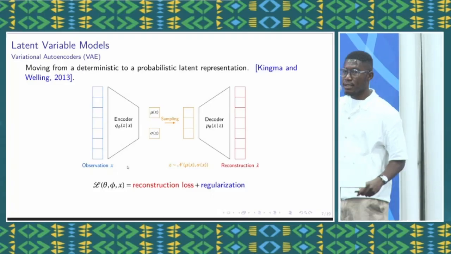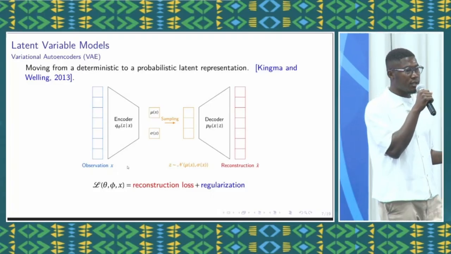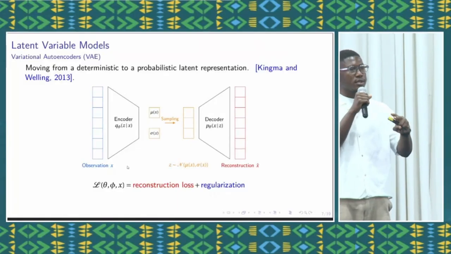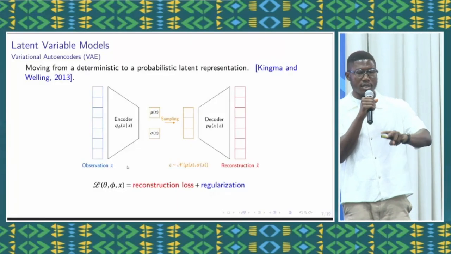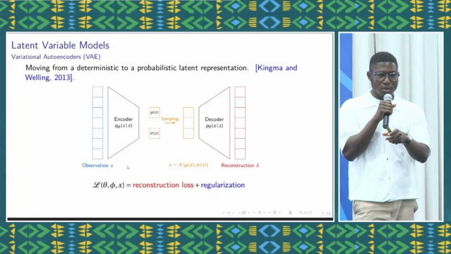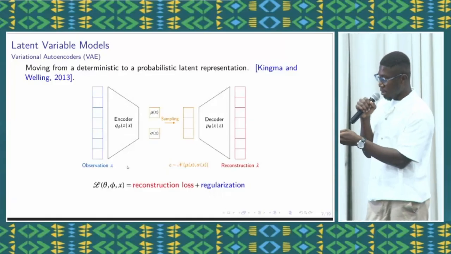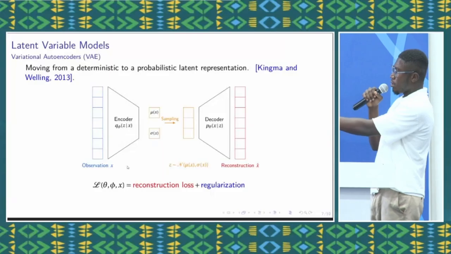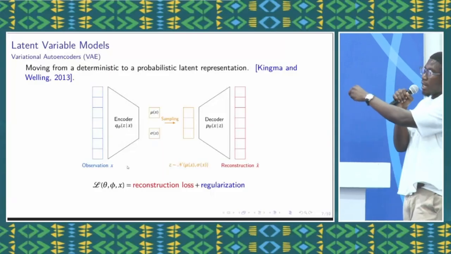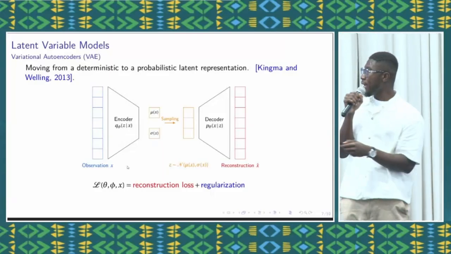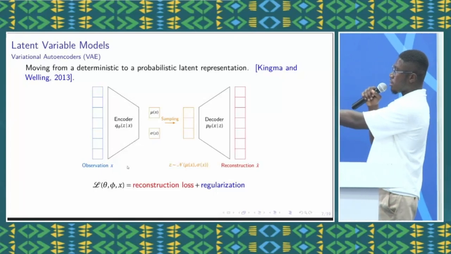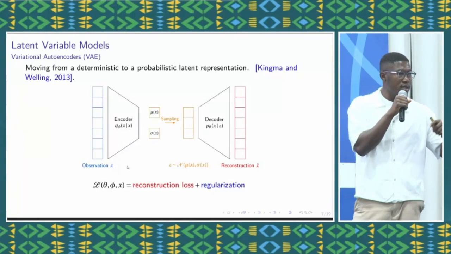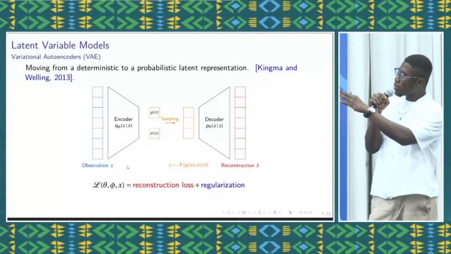The idea is that for a new observation, we don't encode the latent representation, but we encode the distribution of the latent representation, then we decode it. So to train that, we still minimize the reconstruction loss. So the input and the output are close, and we add a regularization loss to force the latent space to have a structure that we need. And usually we use just a Gaussian.